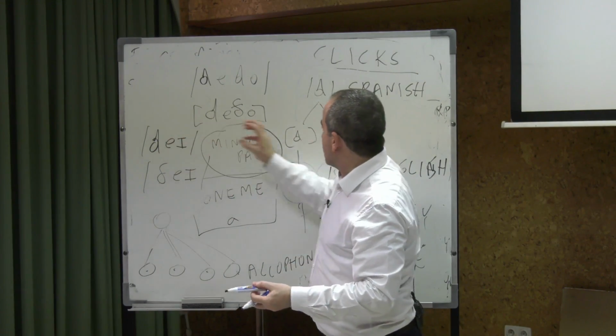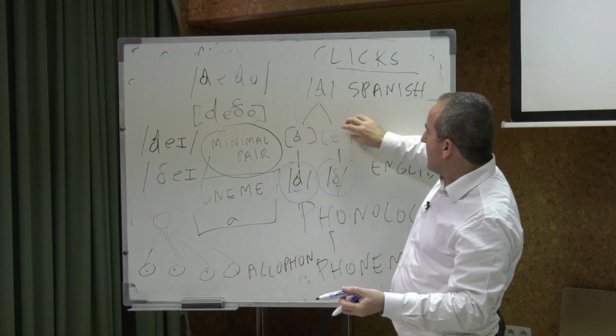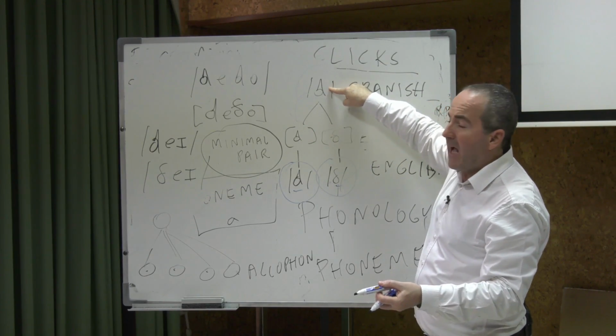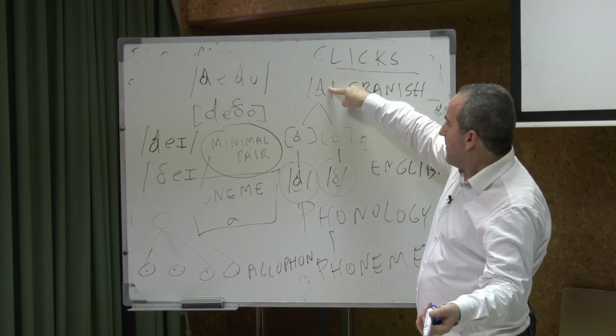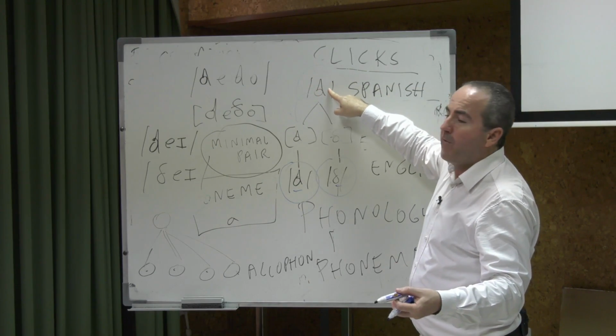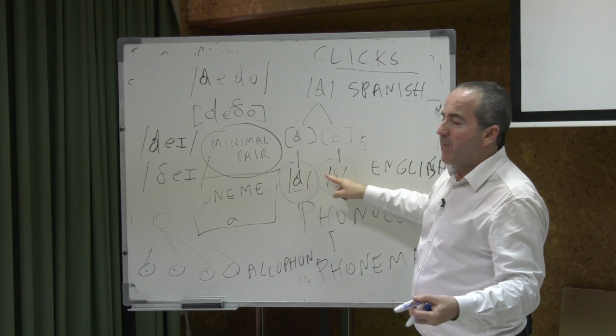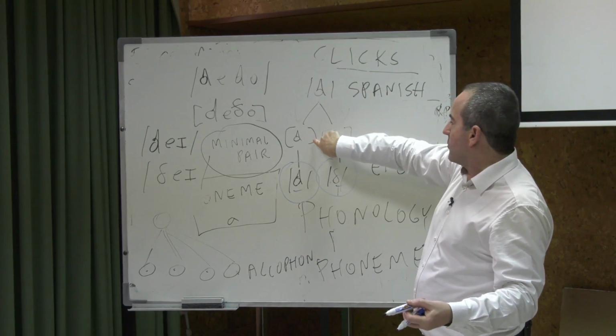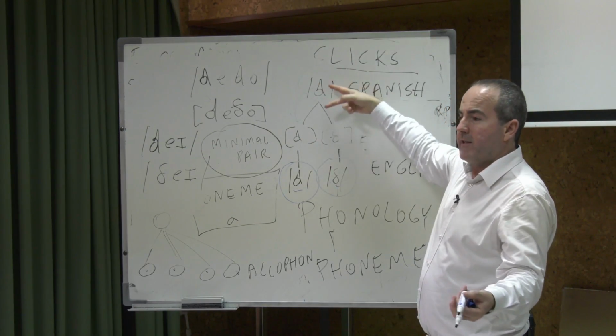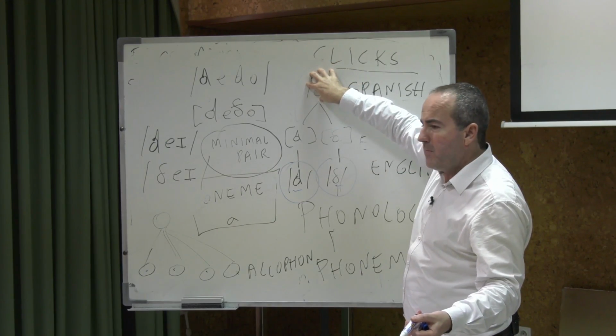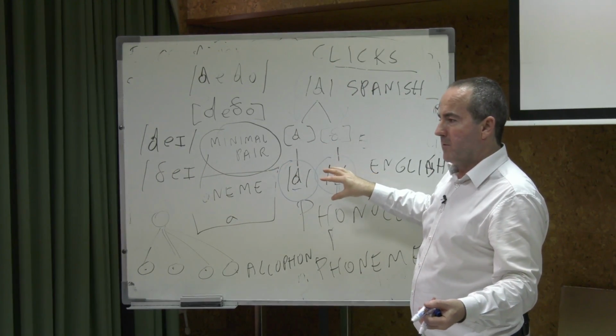You have to analyze two particular sounds, and determine whether they are underlyingly one phoneme, or two different phonemes. Because when you have two sounds, these are the only two possibilities.